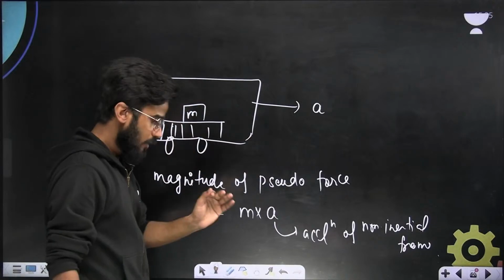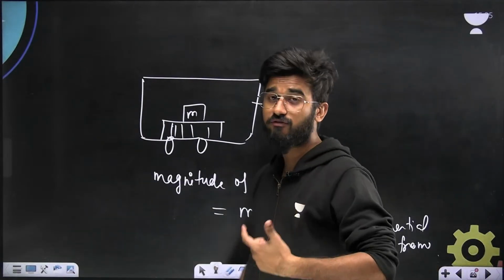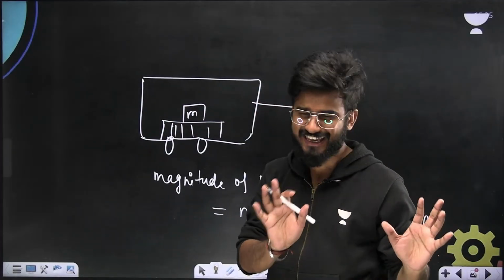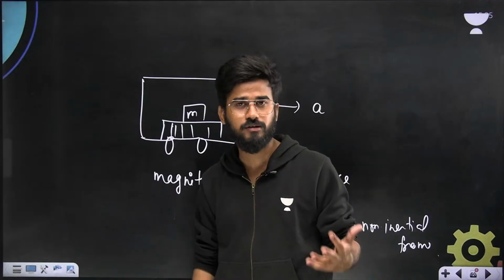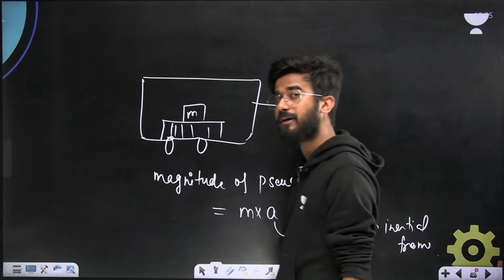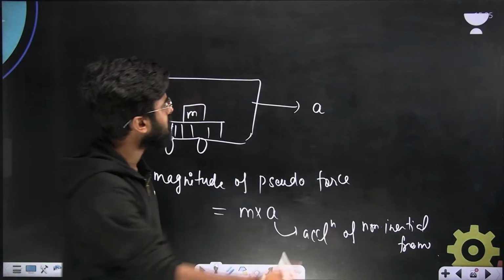It means we have found that when we are dealing with the laws of motion in a non-inertial frame, we can simply give the excuse that there is a force acting in the non-inertial frame, which is called pseudo force, and whose magnitude is given by mass into acceleration of the non-inertial frame. But what is the direction of pseudo force?